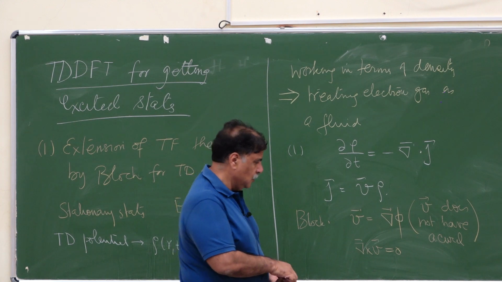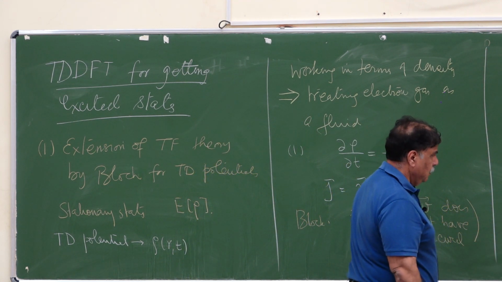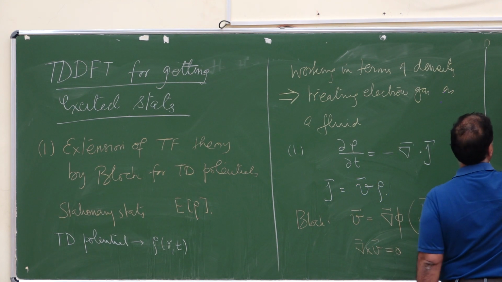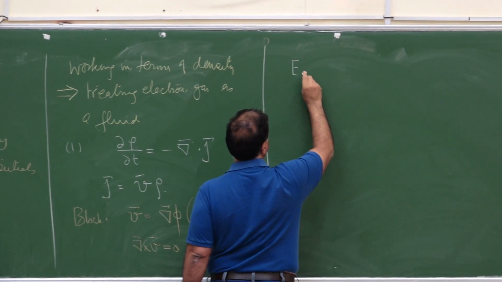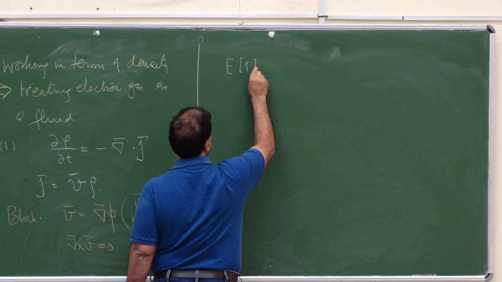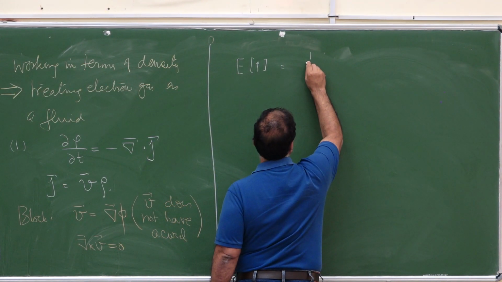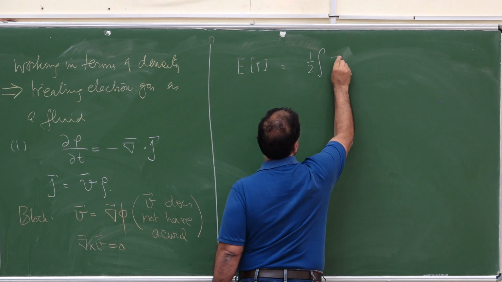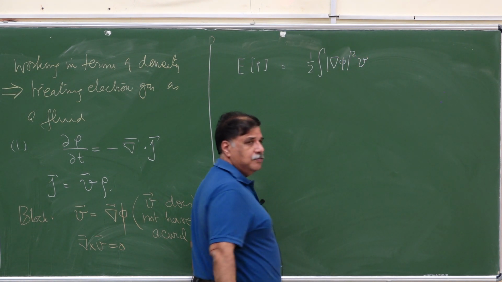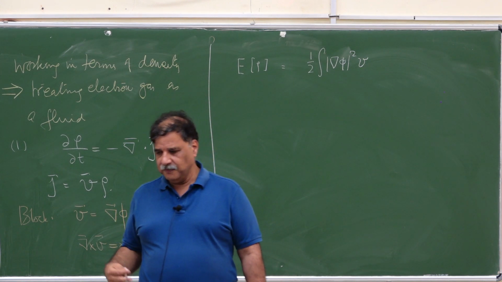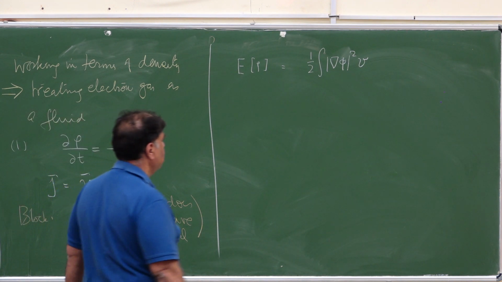And then you write the energy, or a functional. Let's write a functional which I will then identify as the energy for a periodic potential. Let's write a functional E of rho, which will be the kinetic energy of the fluid, which will be grad phi squared, v, where v could be time dependent, could be time independent, but nonetheless is there, right?